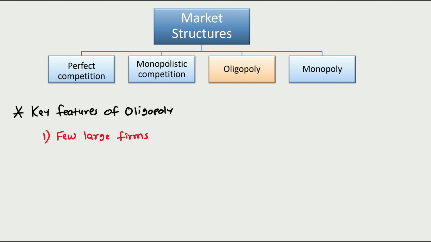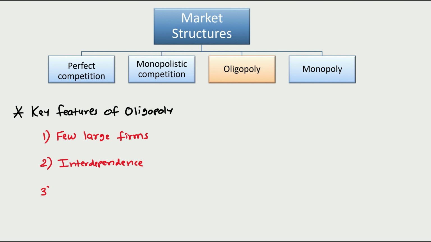A small number of firms control most of the market. Now, these firms are interdependent, right? Firms in the oligopoly market are interdependent. In other words, firms must consider competitors' actions while making their decisions.